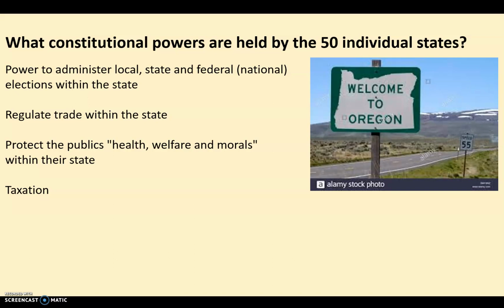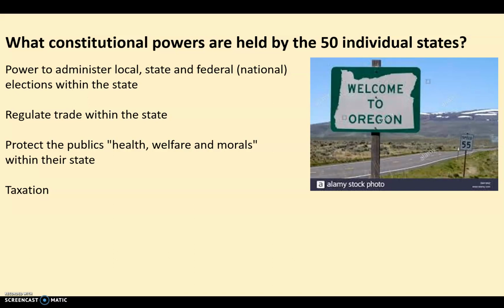The Constitution states that the individual states are responsible for the public's health, welfare and morals within their state. So again, I think this is why Obamacare was quite controversial, because that's the federal government getting involved in healthcare, which should be a state issue, many states argued.